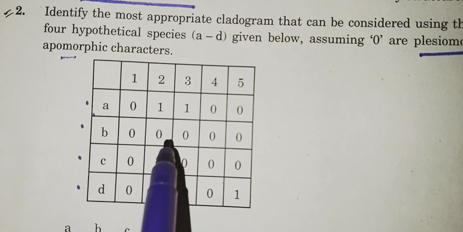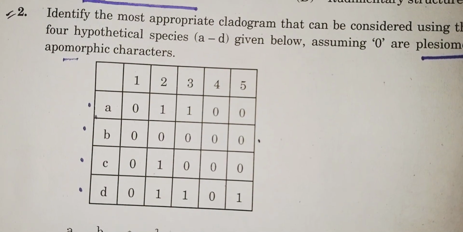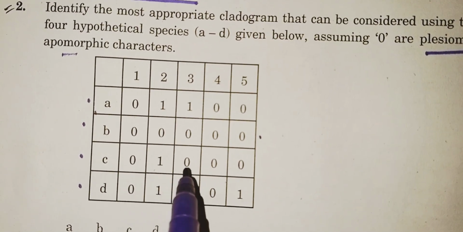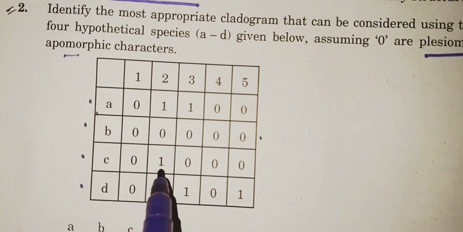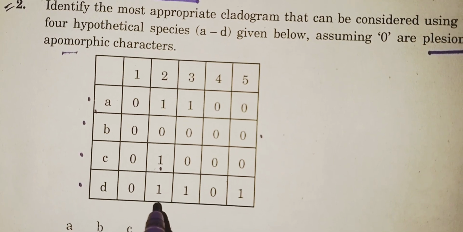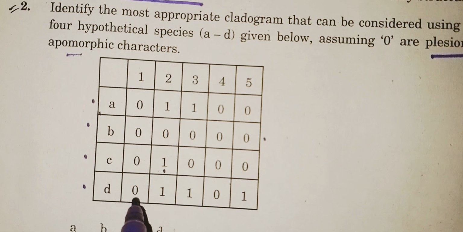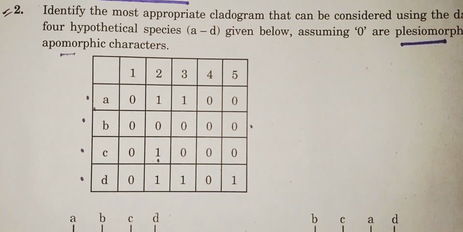B has got no derived characters, all ancestral characters. C has got 4 ancestral characters and only 1 derived character. D has got 3 derived characters or apomorphic characters and 2 ancestral or primitive characters.